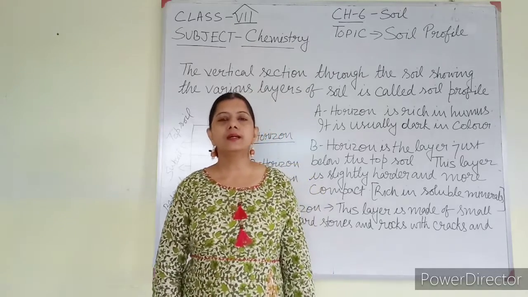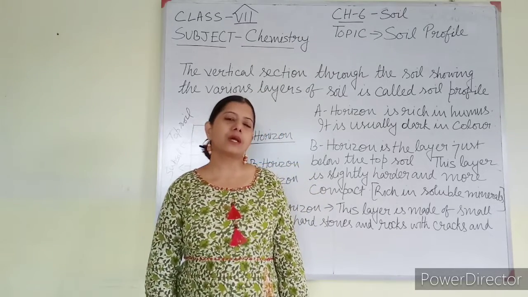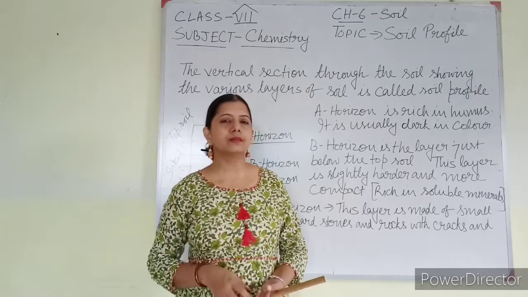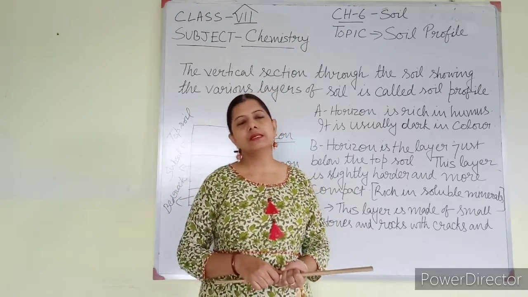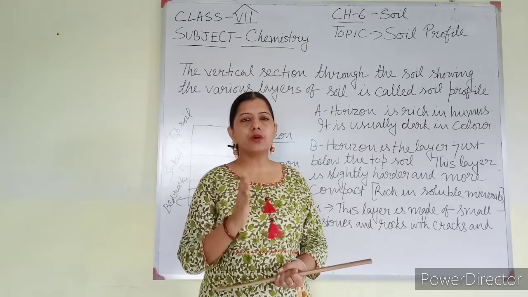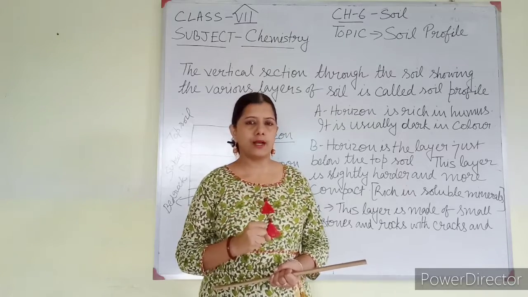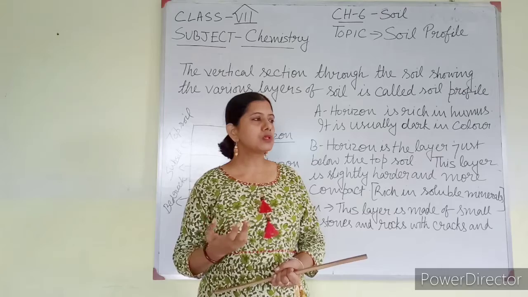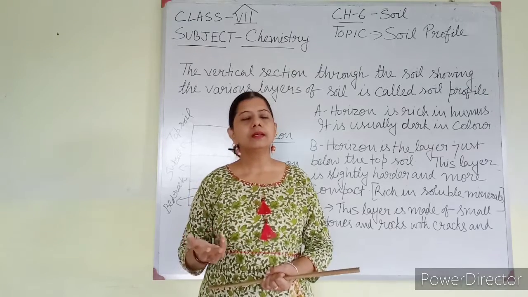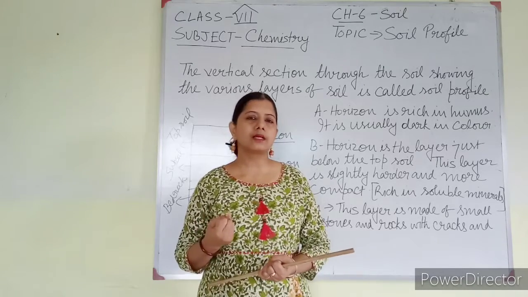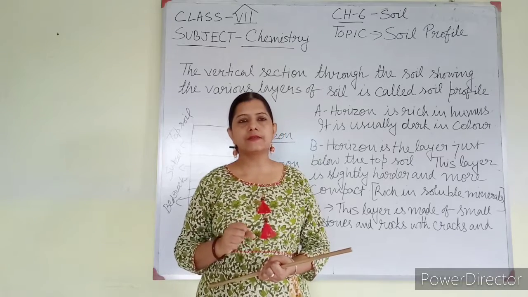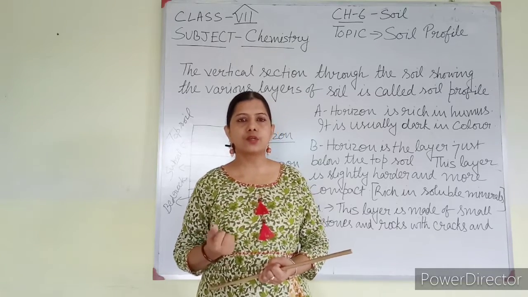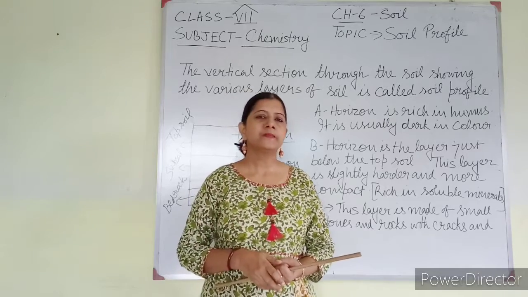Okay. So here you are going to learn about soil profile. There is a term called soil profile. Soil profile means the division of the layers of the soil. Suppose in your garden you start digging the soil. You will find the top layer of the soil is very dark in color, loose, and very easy to dig.